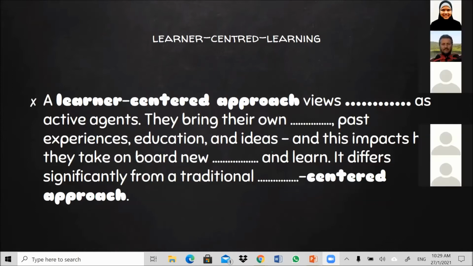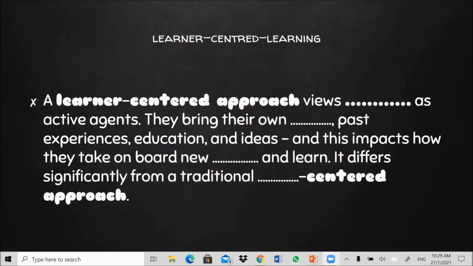Yes, teacher-centered approach. So again, you can see that this is related, can't you? It's the students who are doing the work, the students who are doing the learning, and they're applying their knowledge, their understanding to new knowledge, and it's not the teacher telling them; it's them discovering.